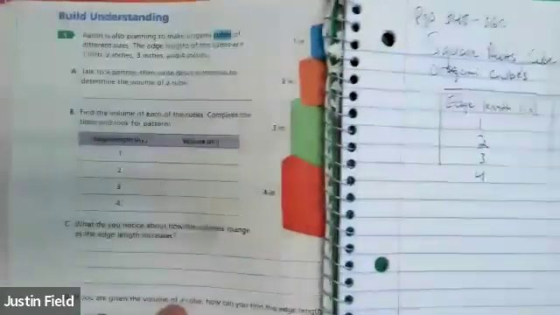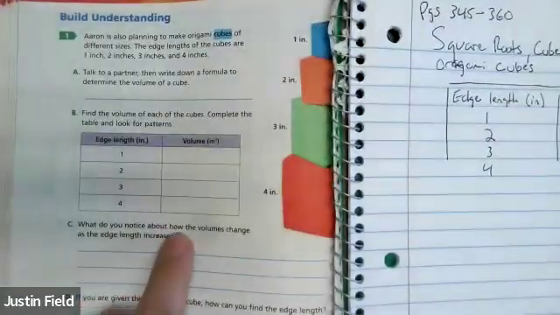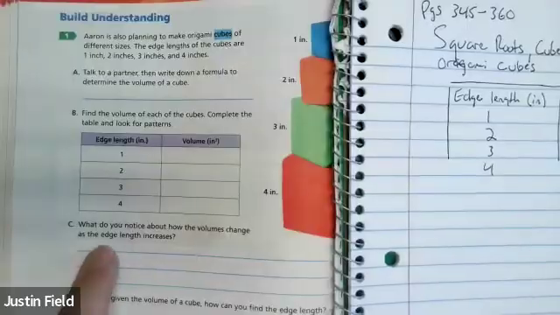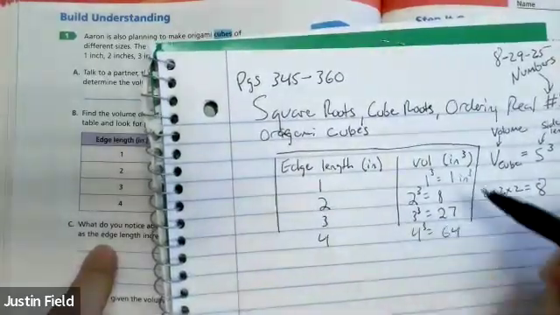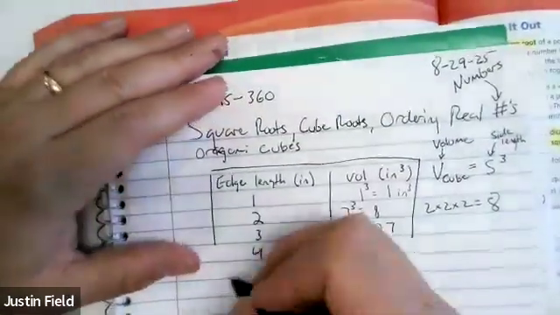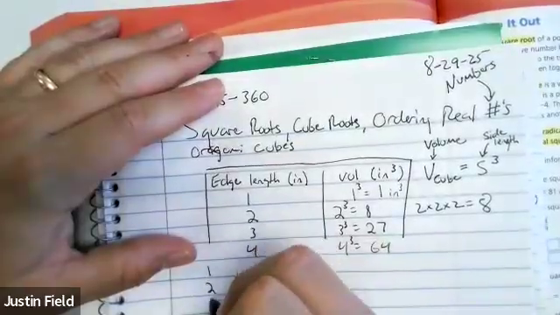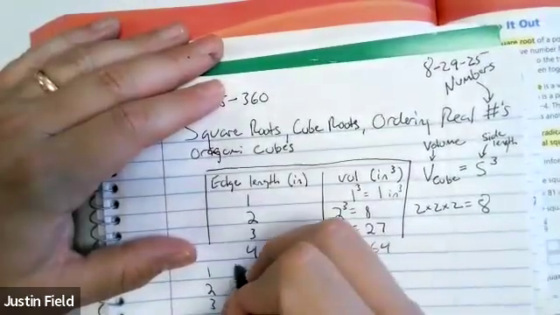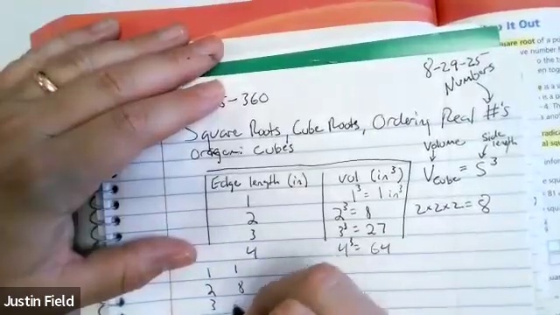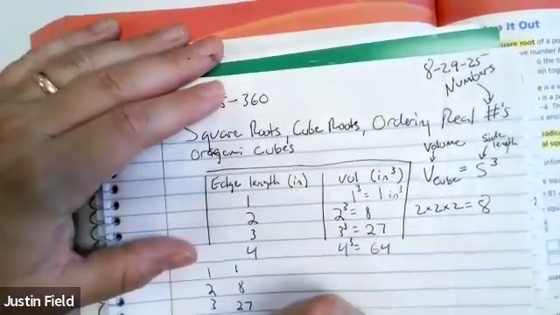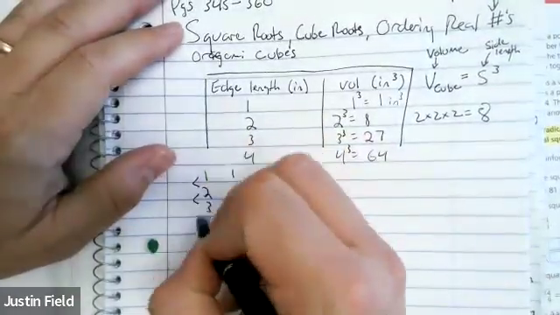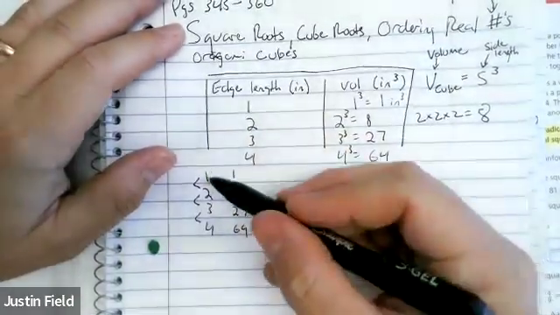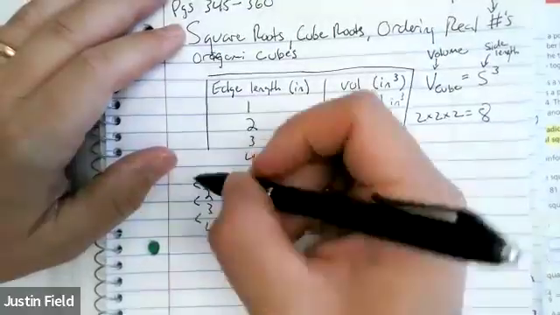So now let's read the questions. What do you notice about how the volume changes as the edge length changes? So now if they ask us to look at patterns, then we can analyze the data. I'm just going to write it like this. And the first thing I would do to analyze this data is I'm just going to look at the interval change.